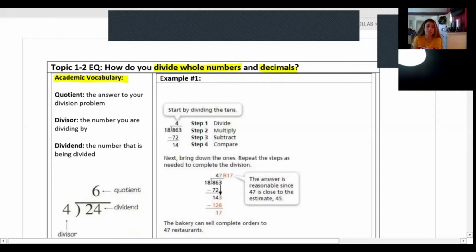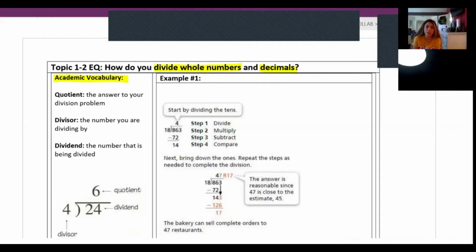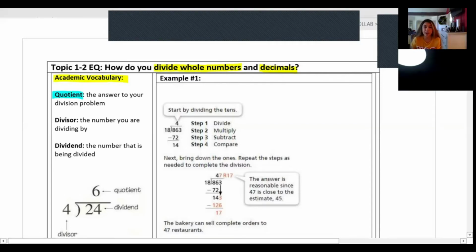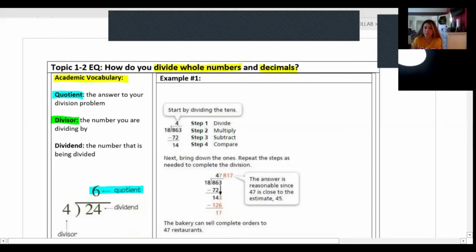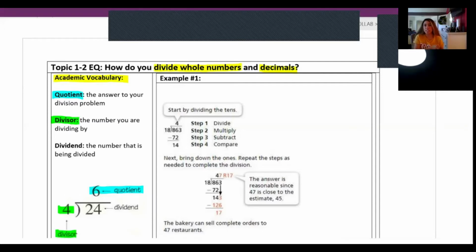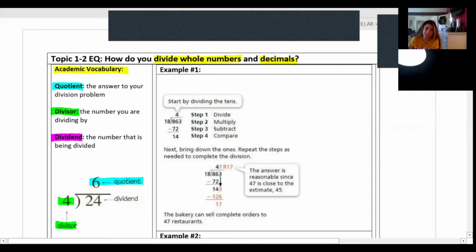Then we have another term called our divisor. Our divisor is the number that you are dividing by. That's going to go on the outside of our house when we see long division. And then our dividend. Our dividend is the number that is being divided, the number that we're trying to see how many parts go into.